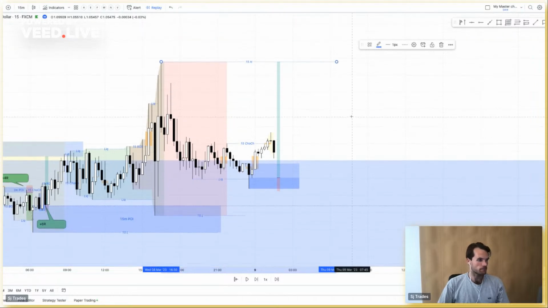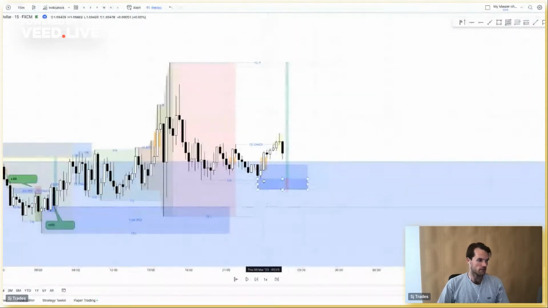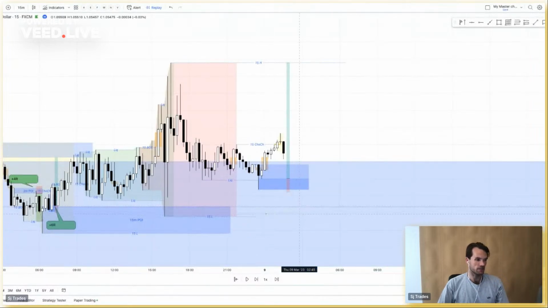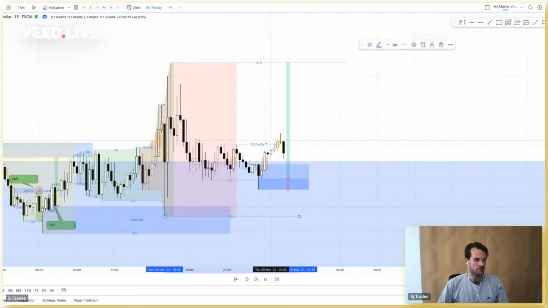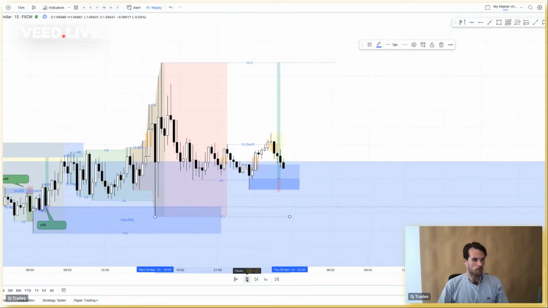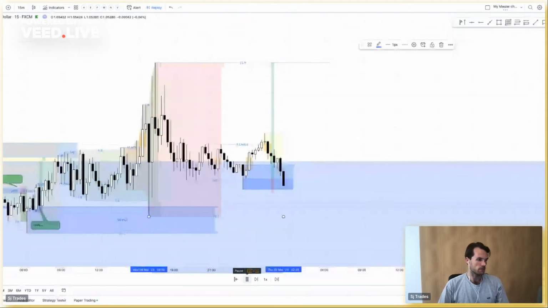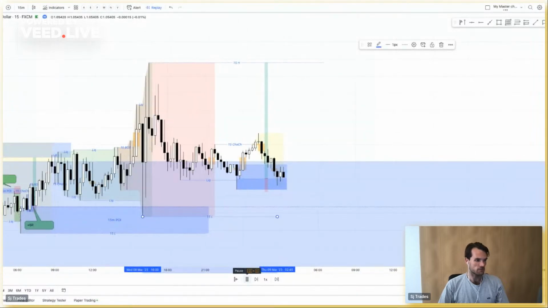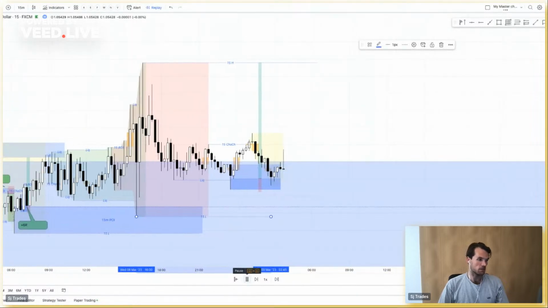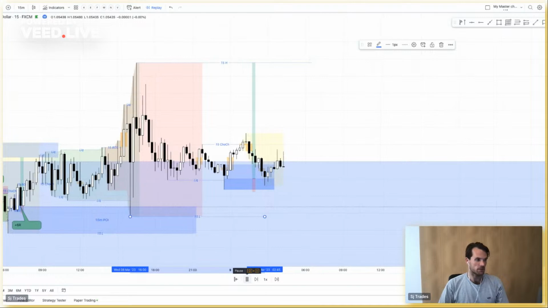Break the high. We still have a bit of area below here, but following 15-minute structure, we've got shock. So who knows? Anything can happen. If you took it, it did run that liquidity we're talking about.